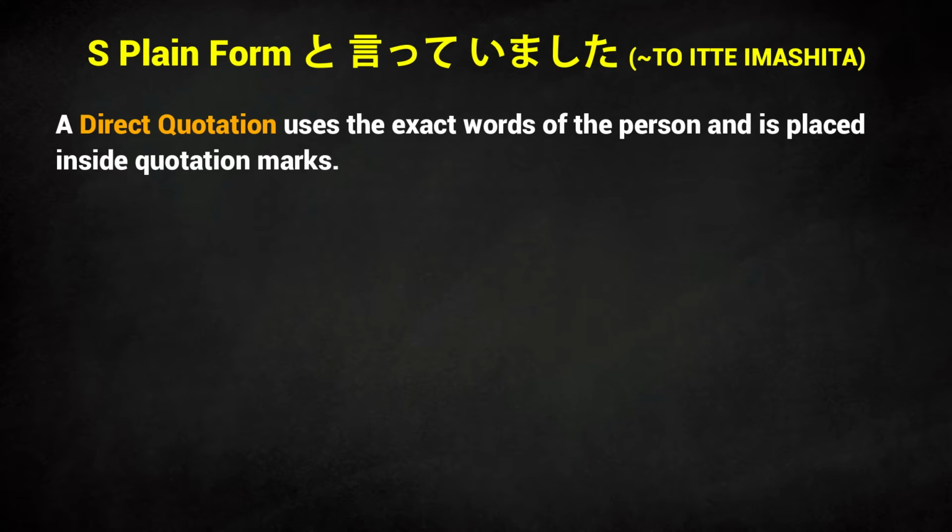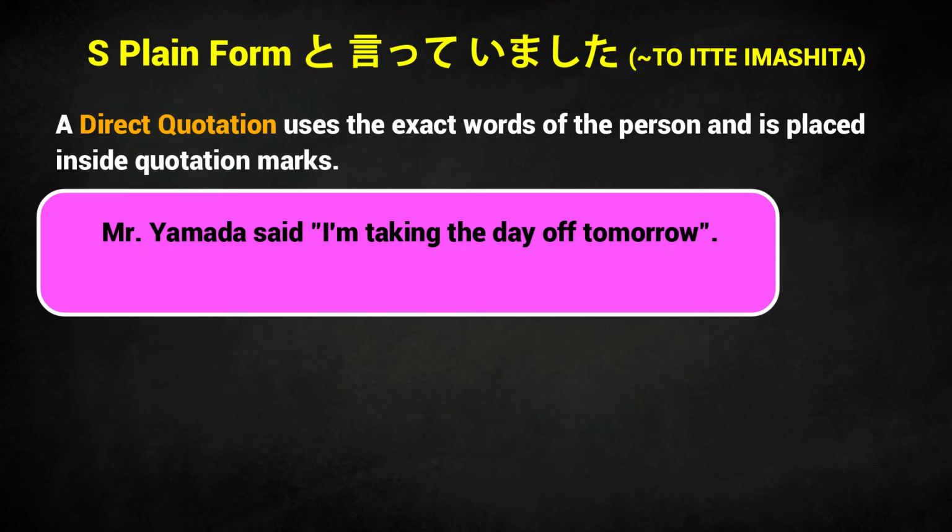A direct quotation uses the exact words of the person and is placed inside quotation marks like this. Mr. Yamada said, I'm taking the day off tomorrow. And an indirect quotation will look like this.